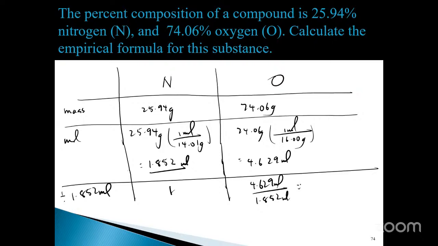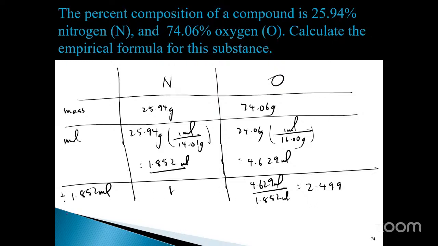And here we have something interesting happening, because when I did this calculation, the answer I got is 2.499 when rounded off. Now, 2.499 is not close to any integer, right? In fact, it's smack in the middle of 2 and 3, all right? So you cannot just simply round this off to the nearest integer, right?